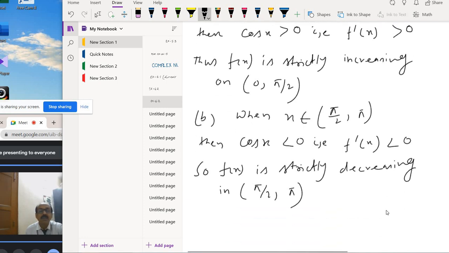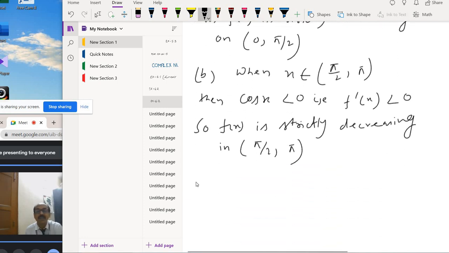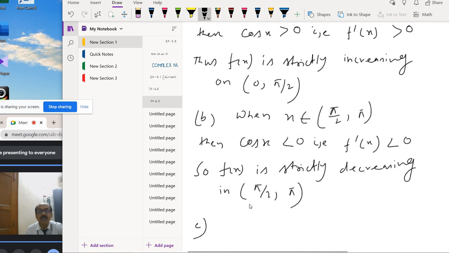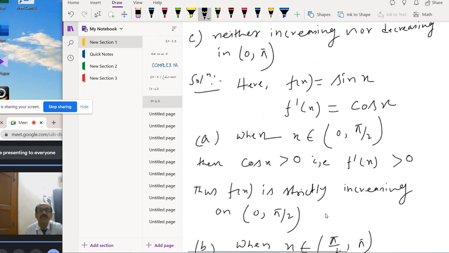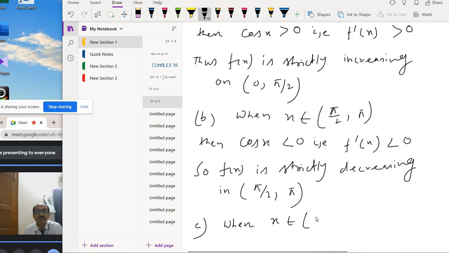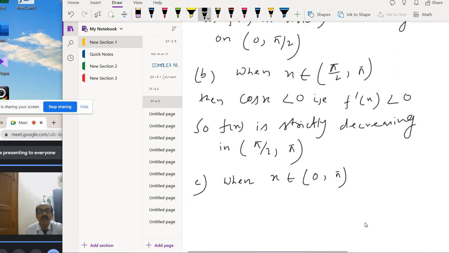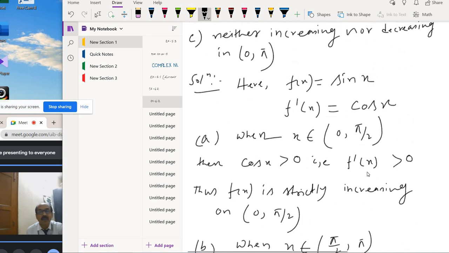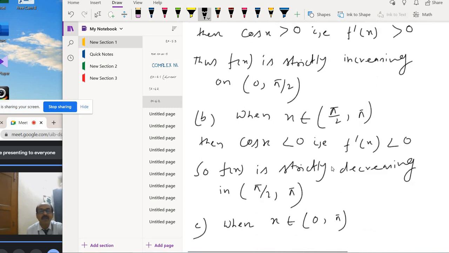Okay, now the third one, part C, is when x belongs to 0 comma pi. So from A and B we see that when the interval is 0 to pi by 2, f dash x is greater than 0, and in the interval pi by 2 to pi, it is less than 0.